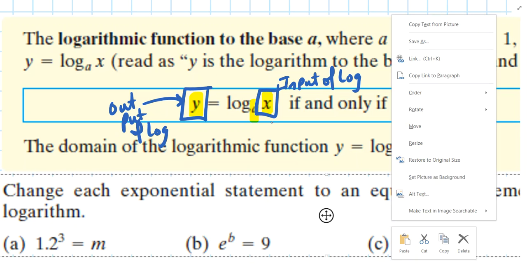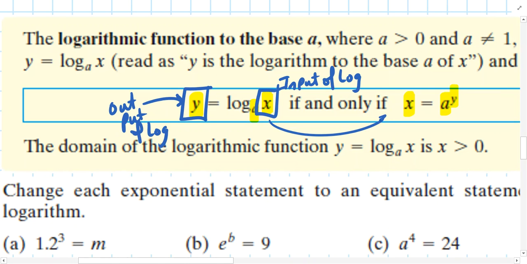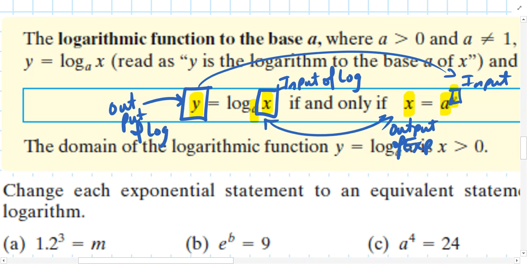And you'll notice that x over here, much like we described with inverses, is the output of the exponential, and y is the input of the exponential.